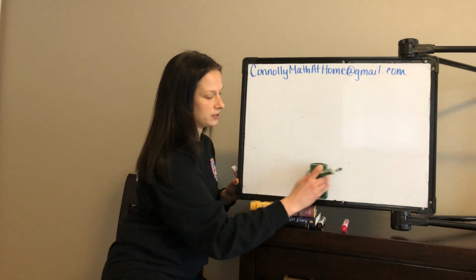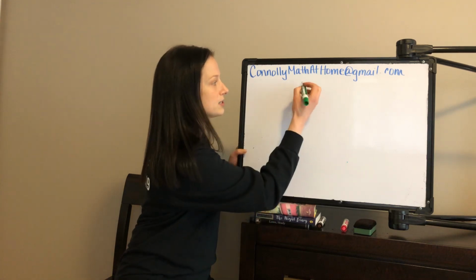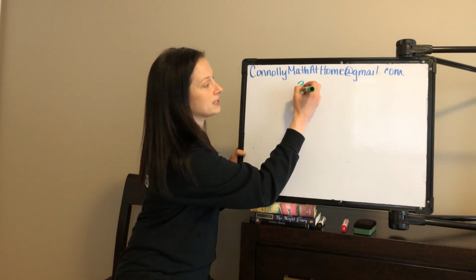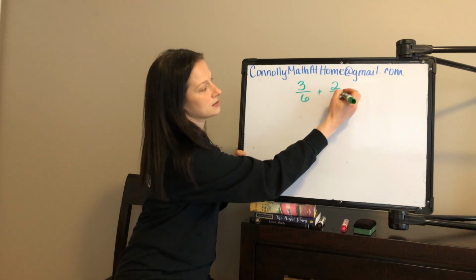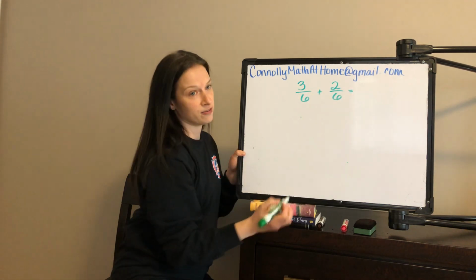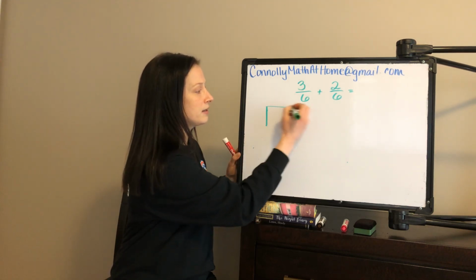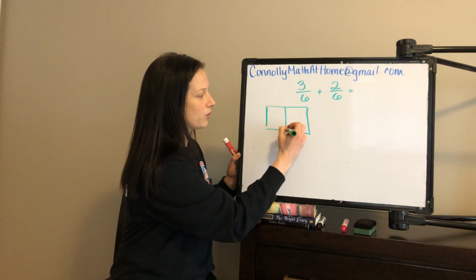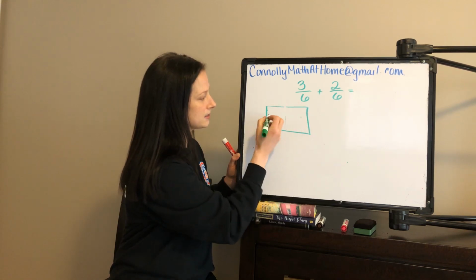let's do one more where our answer is less than a whole. You'll see what I mean in just a second. So let's say we're doing 3/6 plus 2/6, and we're trying to figure out what that equals there. So area model, I'm going to make 6.